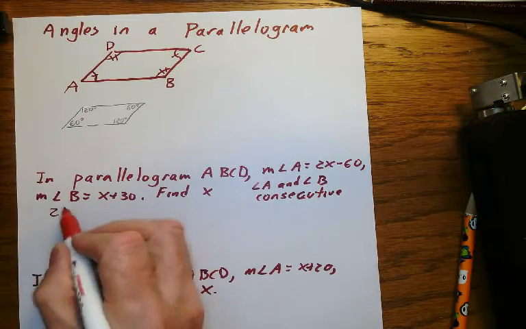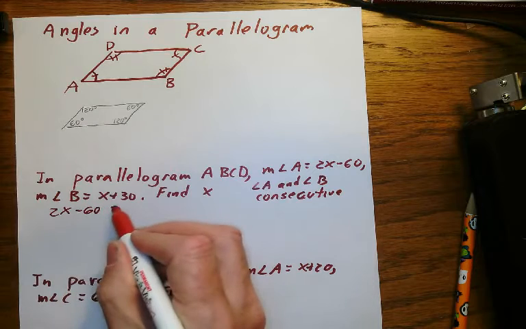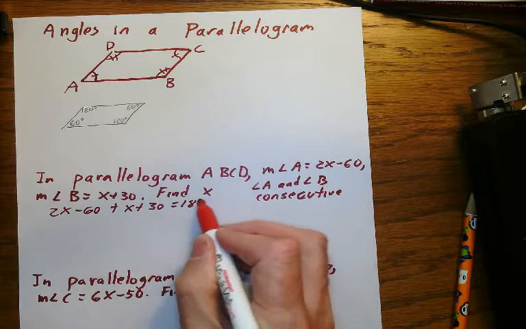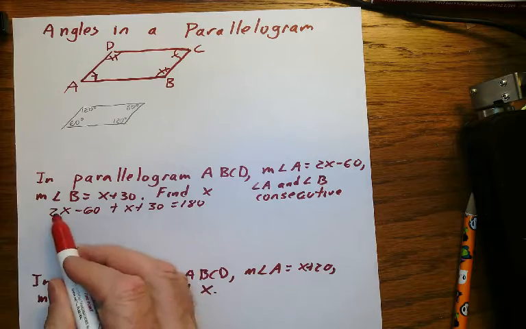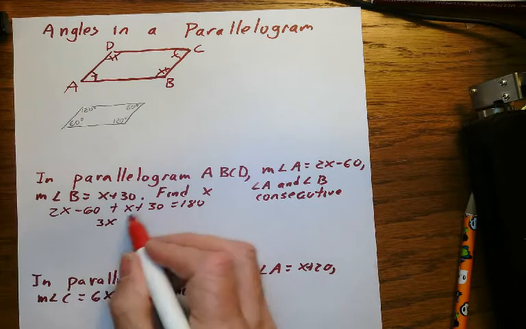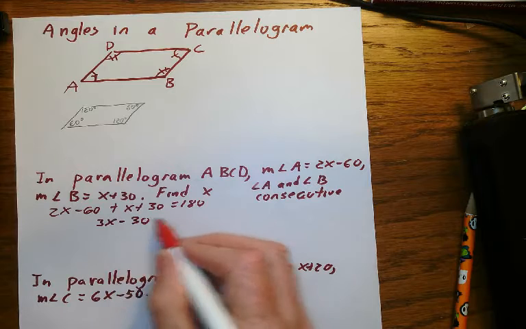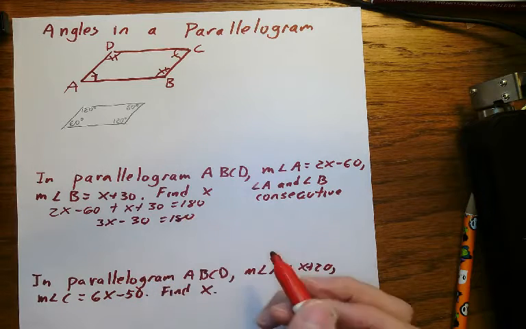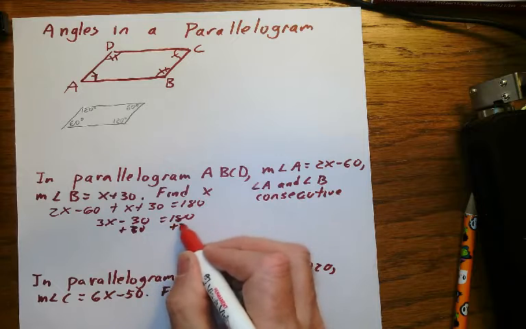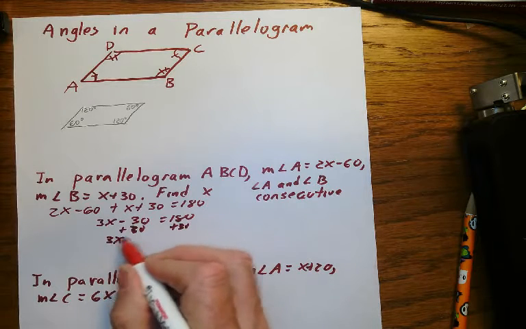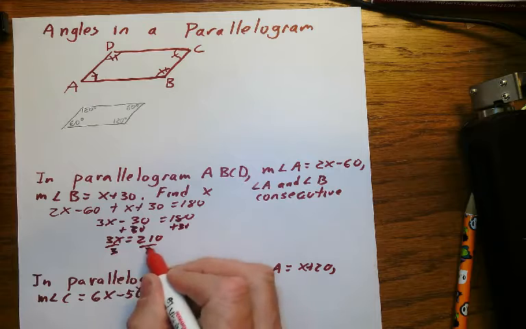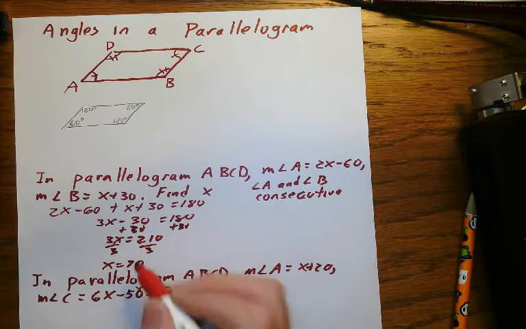So we would say 2x minus 60 plus x plus 30 equals 180. Let's combine like terms. 2x and 1x is 3x. Negative 60 plus 30 is negative 30. And then finishing up this problem now, I'm going to add 30 to each side. 3x is equal to 210. Divide by 3. X is equal to 70.